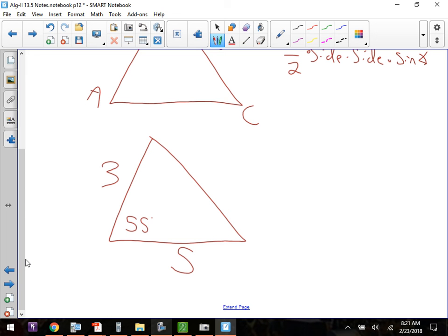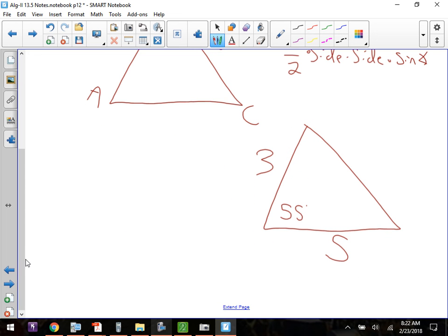Is that side angle side? Yeah. So if you have side angle side, the area of that triangle is 1/2 times 3 times 5 times the sine of the angle.